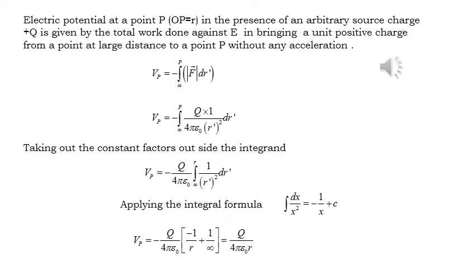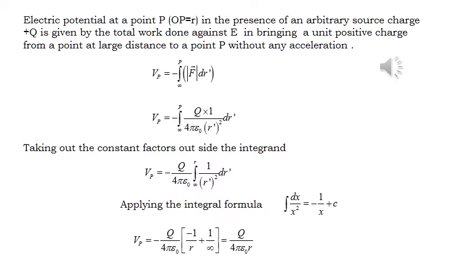Then the potential at the arbitrary point P is the total work done in bringing the unit positive charge from infinity to the arbitrary point P, in terms of integration: minus the integral with the lower limit infinity to P, and dW is mod of F vector into dr dash.